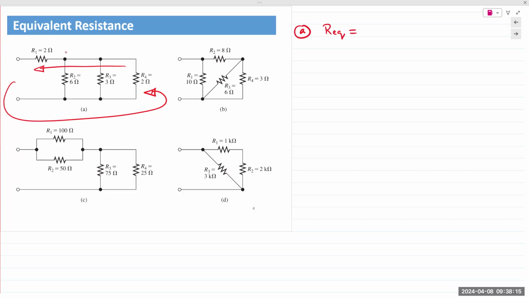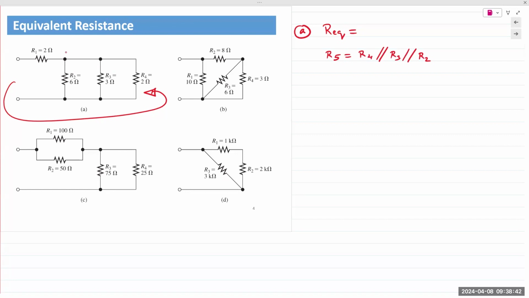We can start reducing from the far end and I can see that I have R4 in parallel with R3 in parallel with R2. So I will call that, let's say, R5, which is equal to R4 in parallel with R3 in parallel with R2.